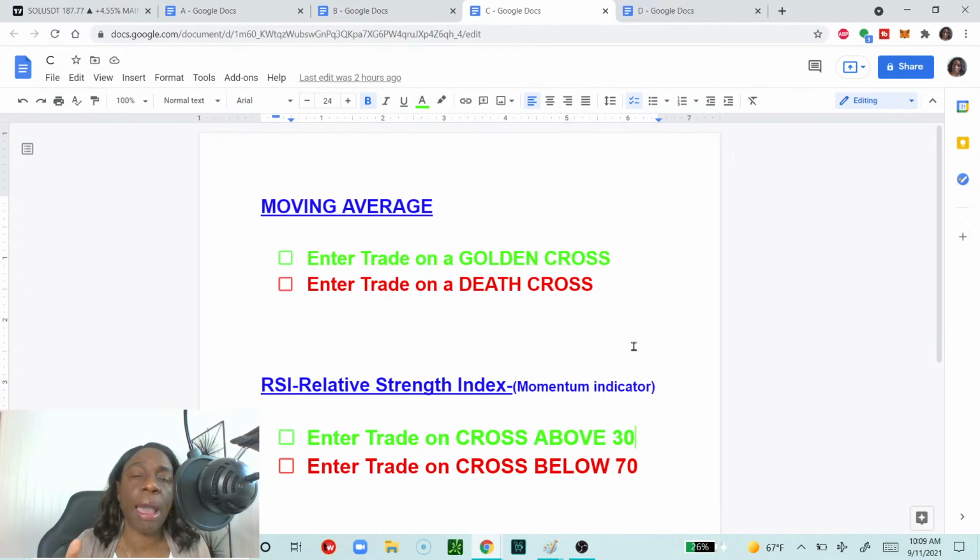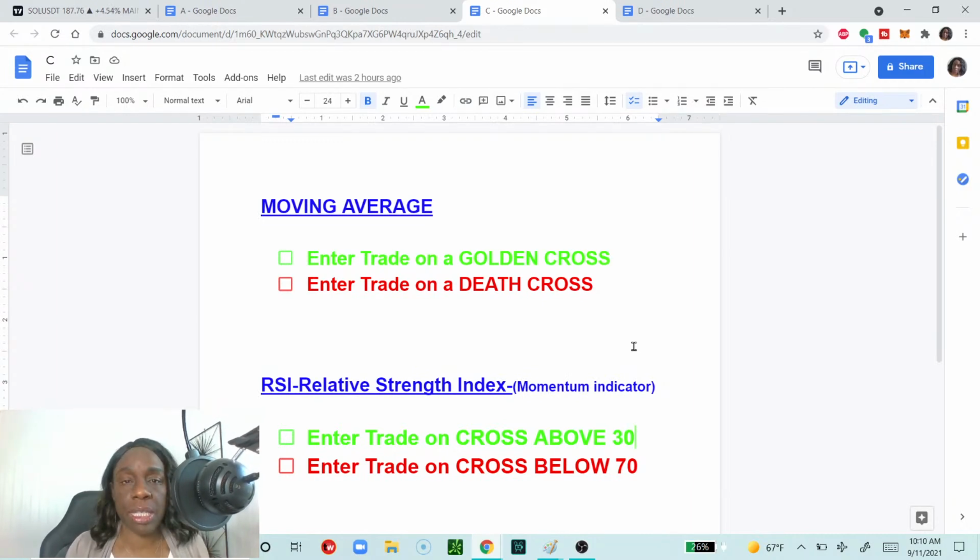A golden cross is simply saying price is operating above the two averages. We're assuming we have two averages on our charts, and we'll go into the averages that I use on my charts. So when price action is operating above your two moving averages, then price is trending upwards, and the point at which they cross over is always a good point at which to get into a long position.